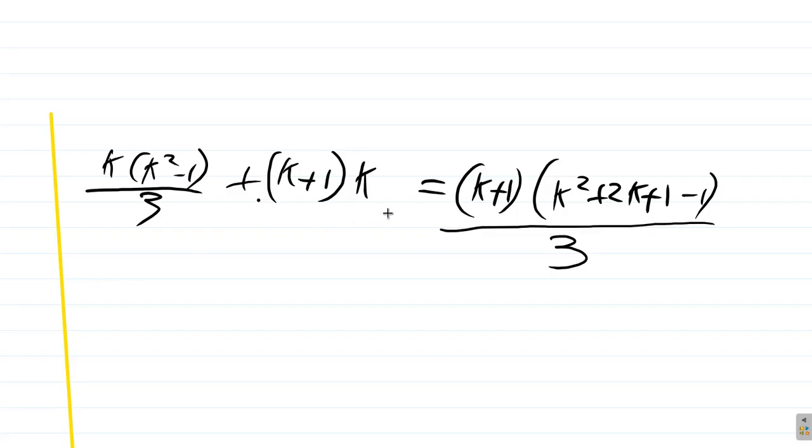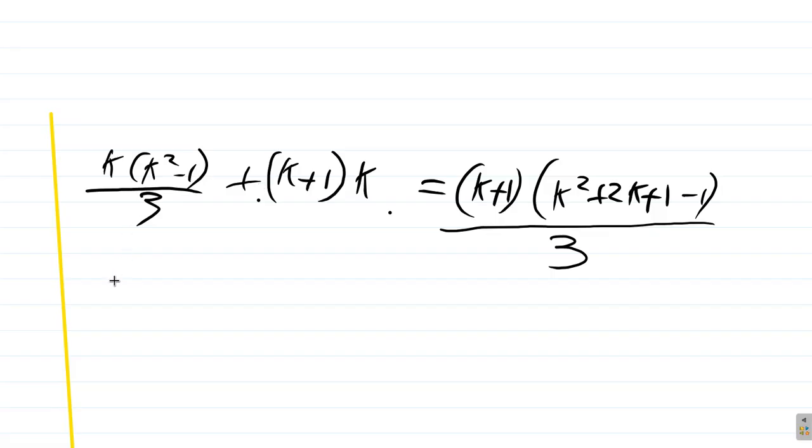This is not just quadratic, right? You're going to have a k cube involved. So it's not like a quadratic and we can just factorize like that. So what we do, we could multiply out the brackets at the top.